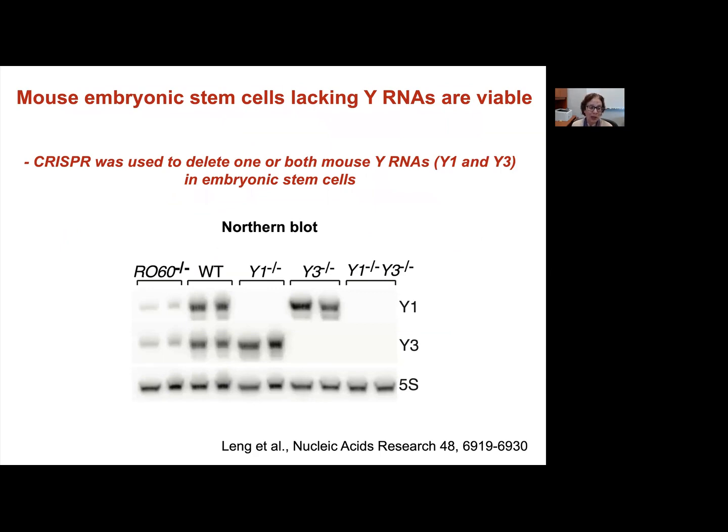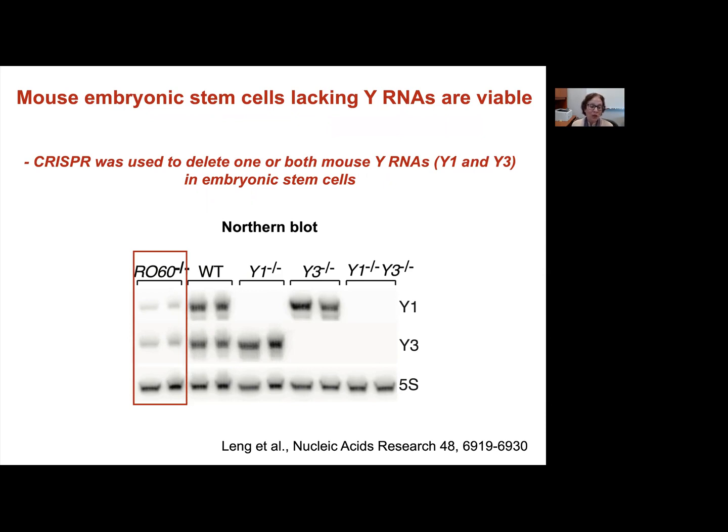This is a northern blot demonstrating that she indeed generated cells lacking Y1, Y3, or both Y-RNAs. As a control, she examined cell lines lacking Rho60, and as expected, she found that Y-RNAs were reduced in the absence of Rho60.